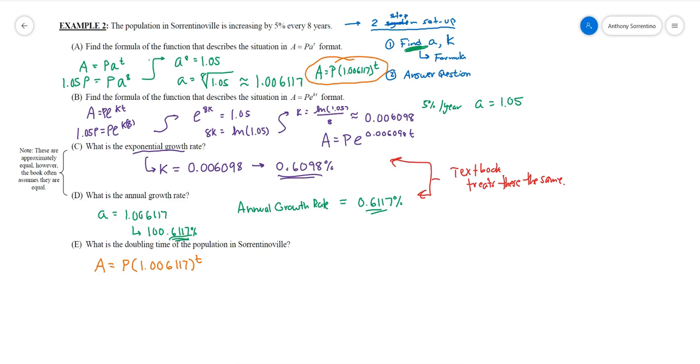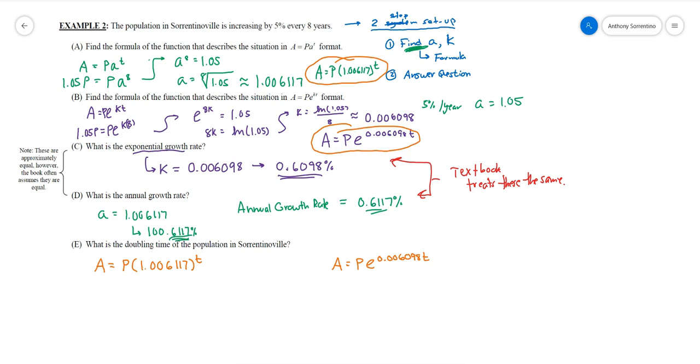Or I could use the one we just got from part b, which would be A equals P e to the 0.006098 t. In both cases, it doesn't matter which one I make use of, and you're going to see this as we do the calculations.